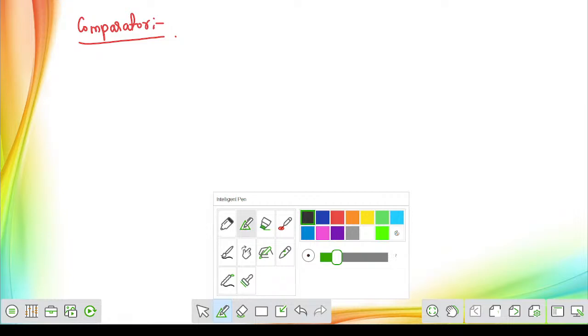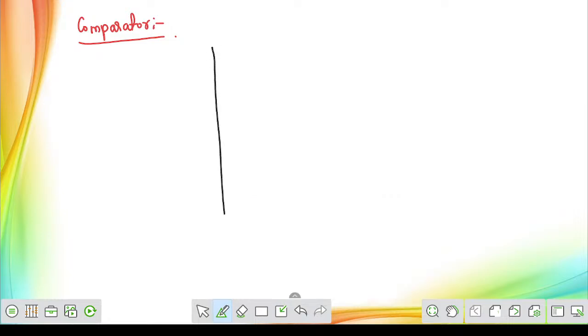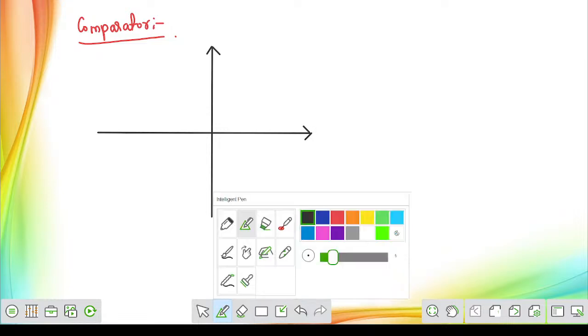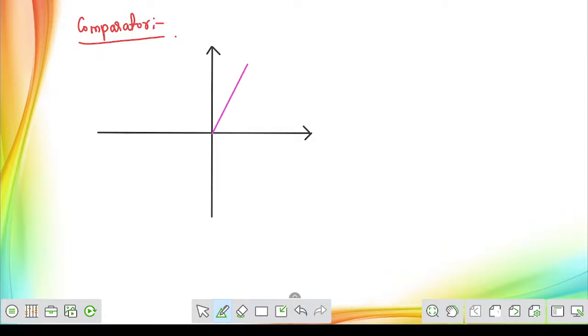Basically, the operational amplifier has two regions. If you observe the transfer characteristics of the operational amplifier, it gives a linear relation between input and output up to a certain point.